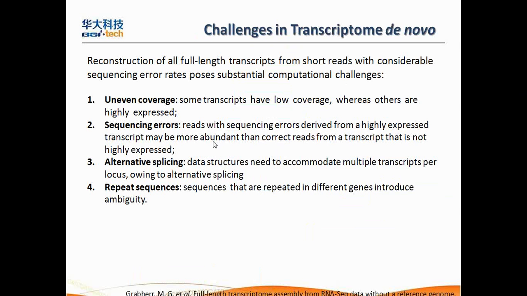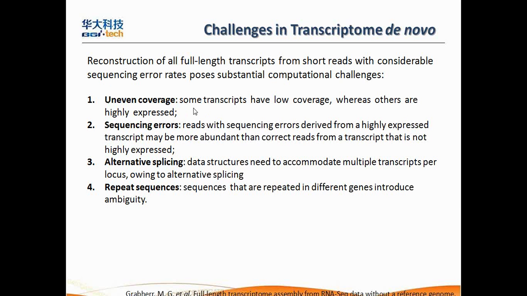So this is about how we do the de novo assembly. We know there are some challenges in transcriptome de novo assembly because of some characteristics of the transcriptome. The transcriptome has uneven coverage.